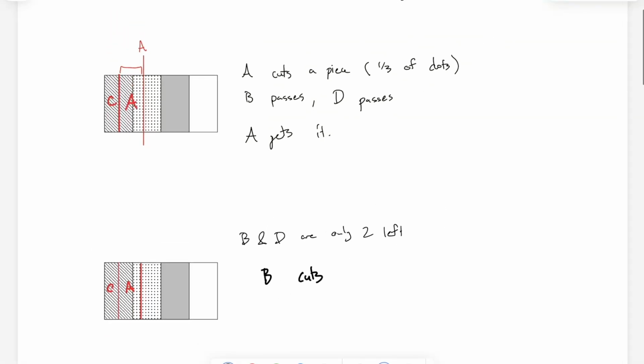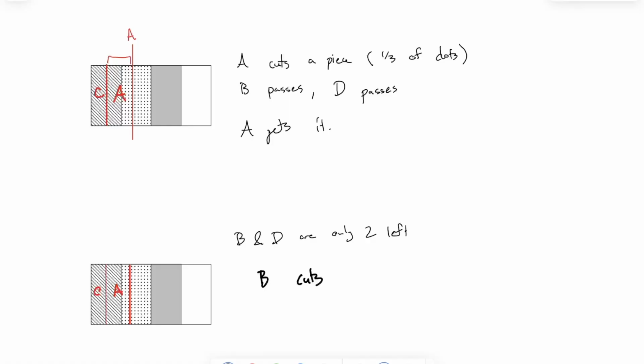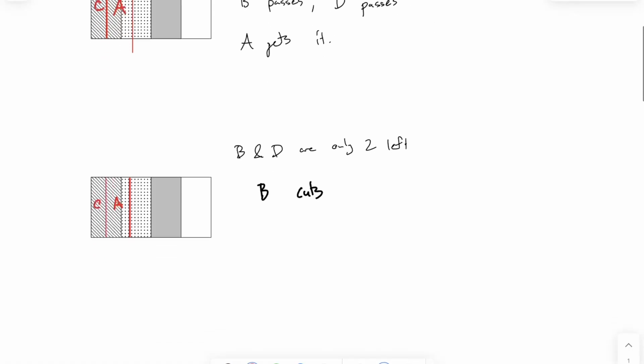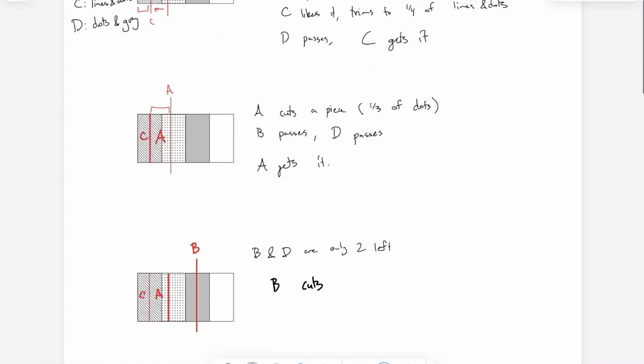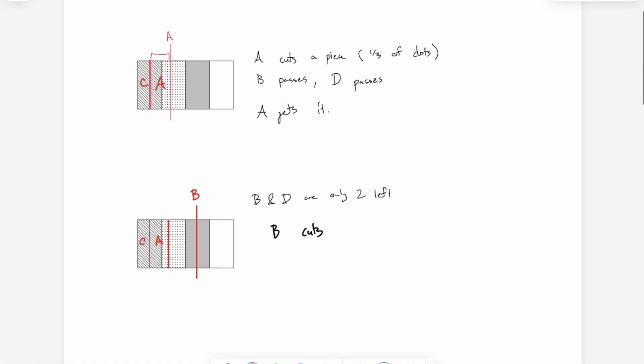Now, what is B? B likes the gray only. So B is going to cut the gray area in half. That would be like right down the middle of the gray is what I'm trying to draw there. And then D gets to choose which one D likes better. D likes the dots and the gray. So which one is D going to pick? The one on the left or the one on the right?